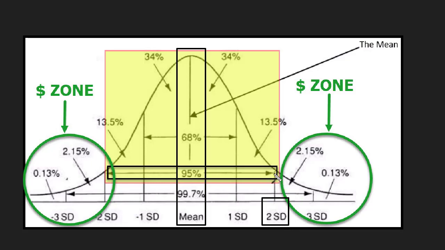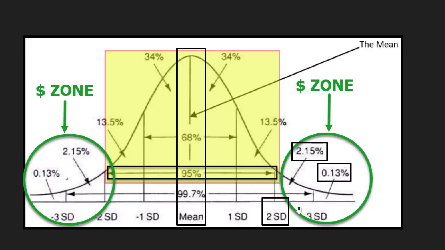So once we get beyond 2 standard deviations, well, what are the probabilities of it continuing to go in that direction? So only 2.15% from 2 to 3, and after 3 standard deviations, it's getting pretty close to 0 there. So if we add that up, let's just round it up and say you got 2.5.